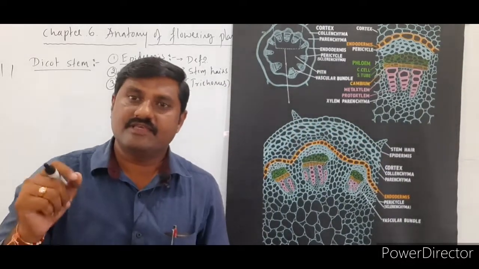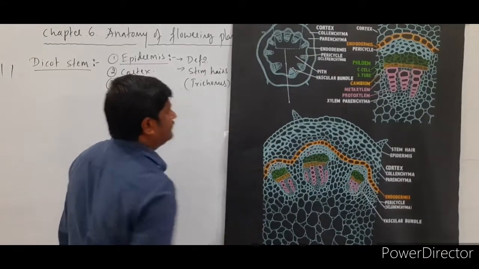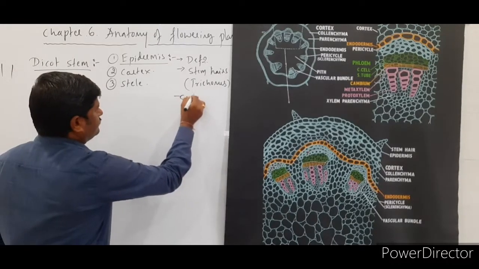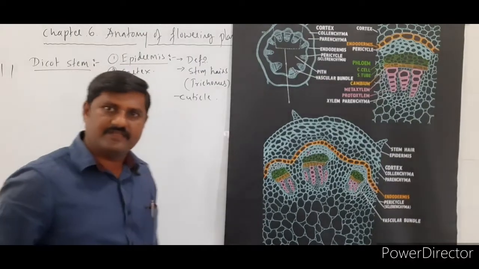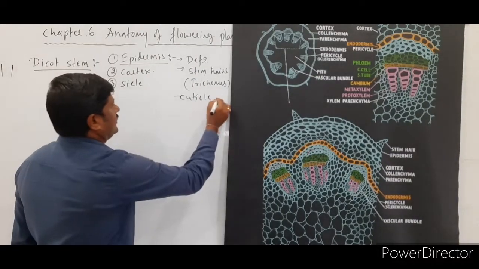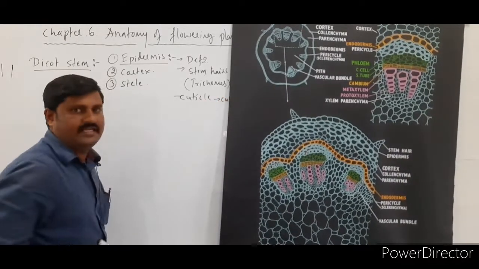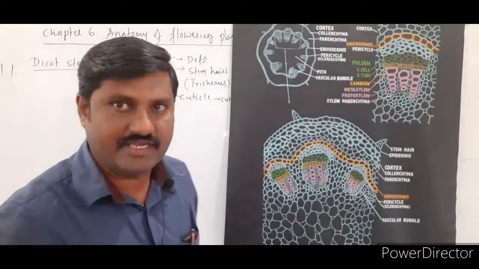A thick cuticle is seen over the stem. What is that? Cuticle. Sometimes the cuticle is present in some of the dicot stems. This cuticle is made up of the material cutin. Cutin is the name of the material which makes the cuticle.